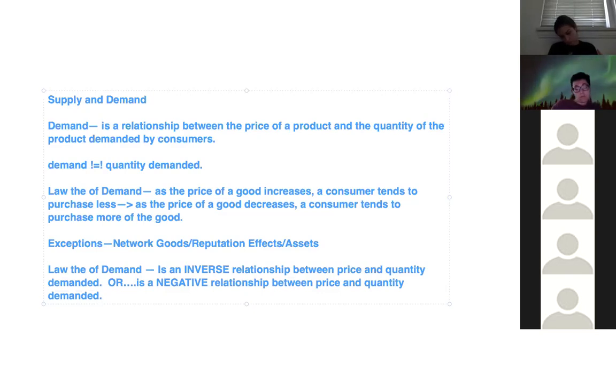So the negative relationship is meant to capture the idea that if I have a positive change in one of the variables, the change in the other variable is described by multiplying by a negative number. So I get a negative change. But in any case, they're all talking about the same basic idea, which is, as the price of the good increases, the consumer tends to decrease the quantity that they desire to purchase.